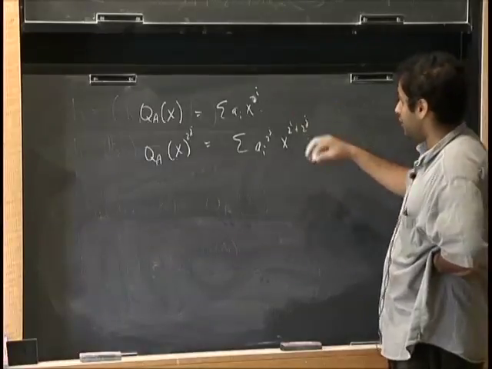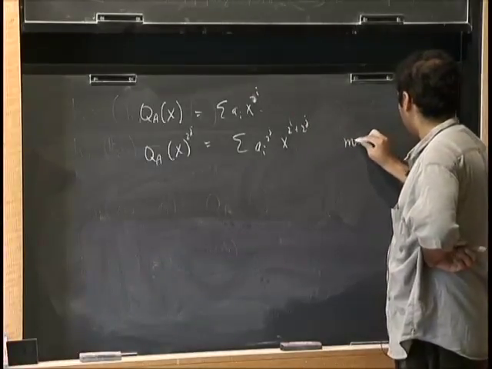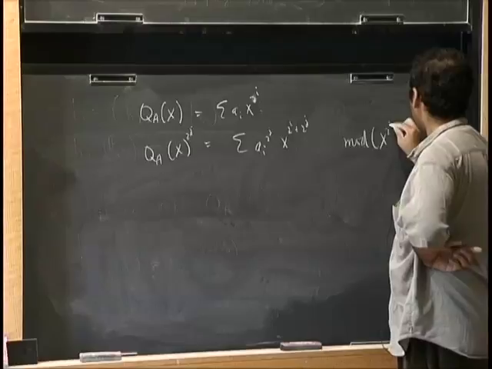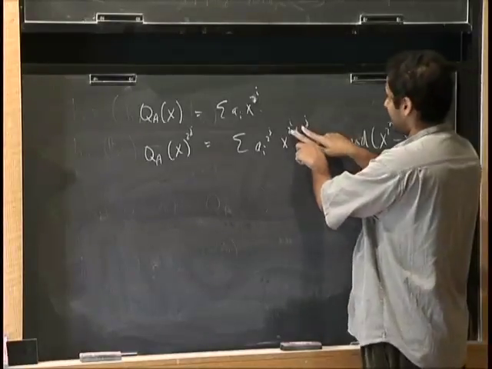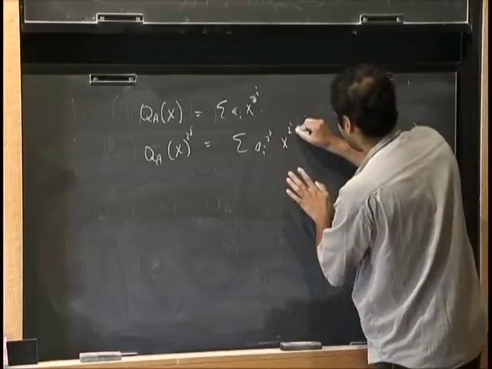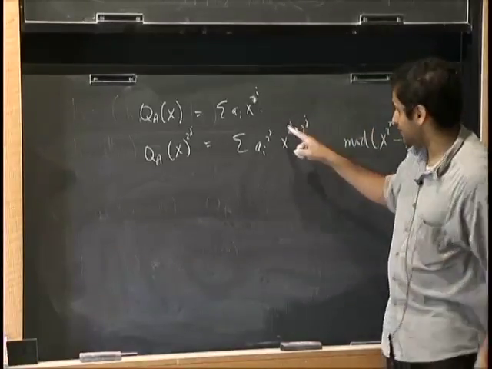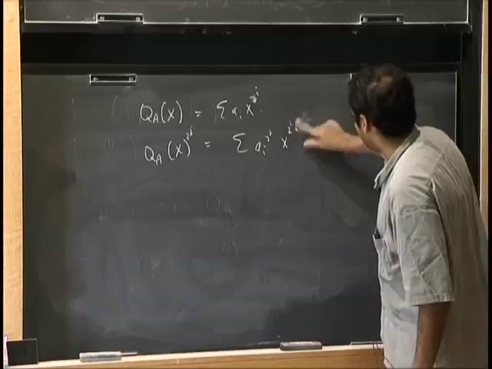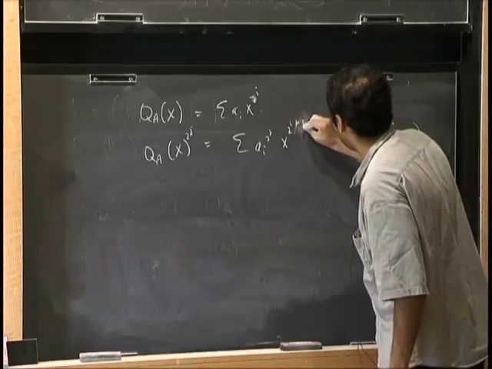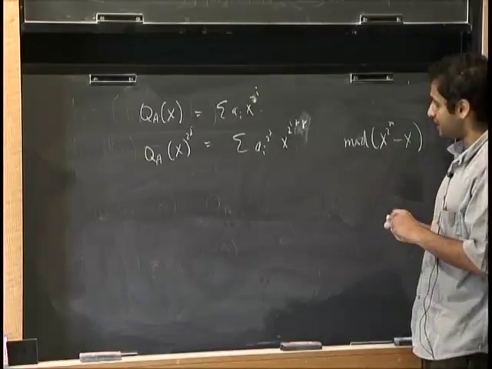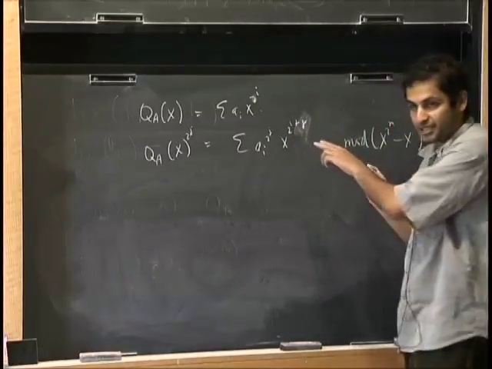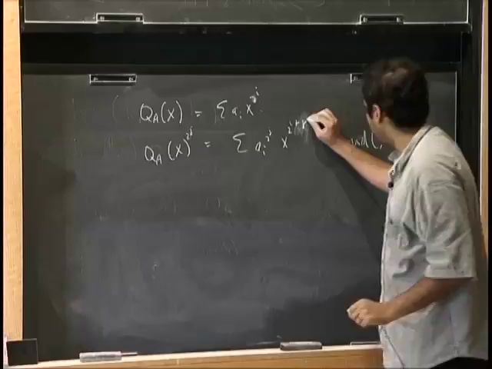If I look at this polynomial mod x^(2^m) minus x, all it does is take i plus j and reduce it mod m.